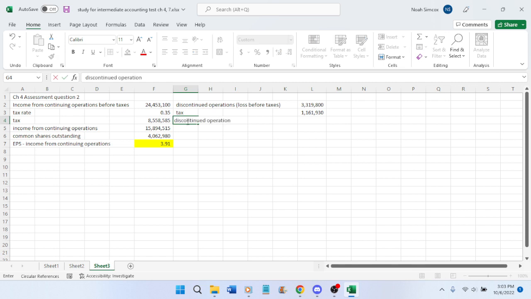Discontinued operations loss equals this minus this, and then EPS discontinued operations equals.